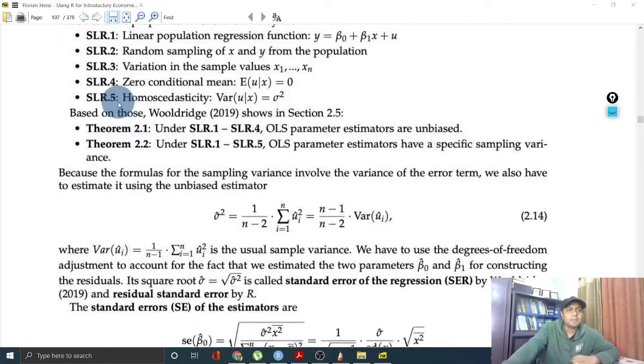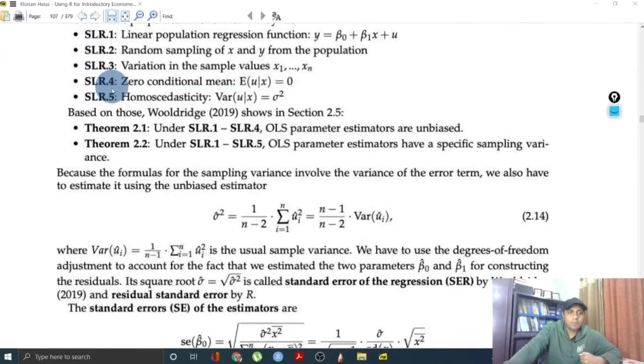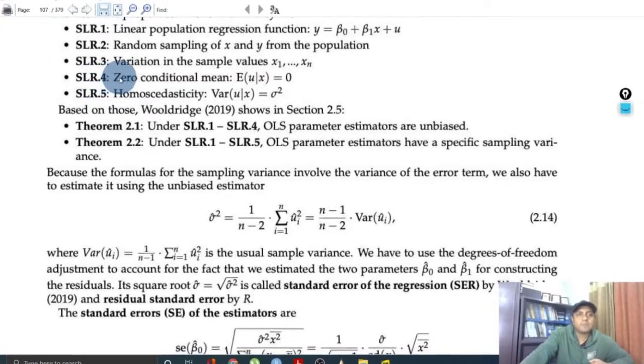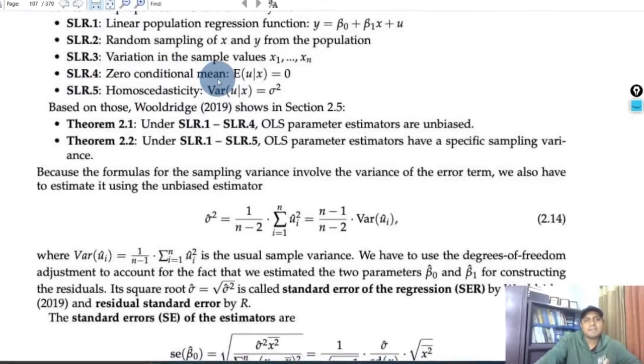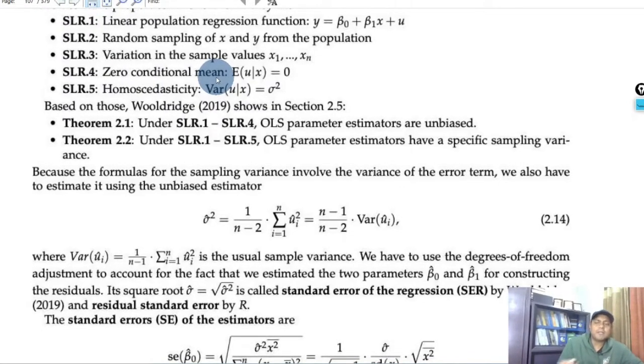And the most important two, in my opinion, are assumption 4 and assumption 5. Assumption 4 says zero conditional mean. What does zero conditional mean mean? It's very important to understand.